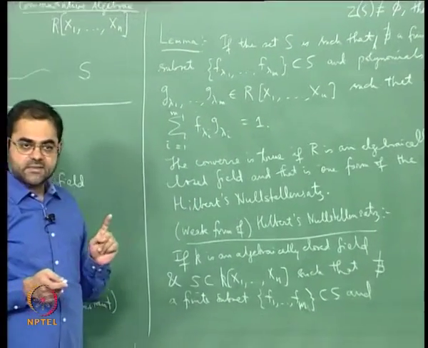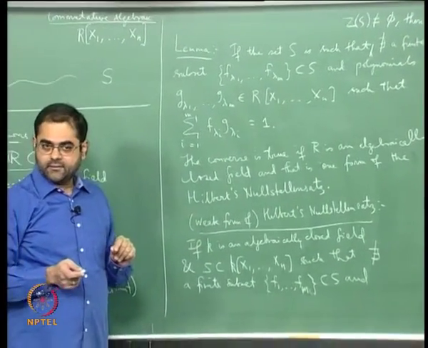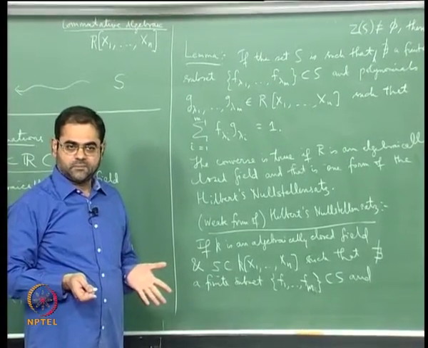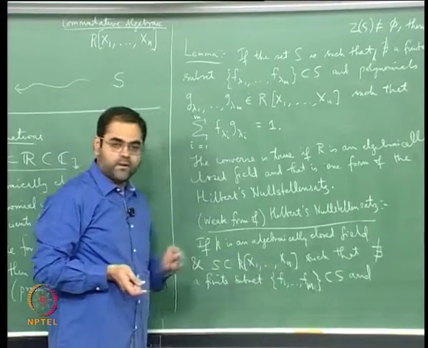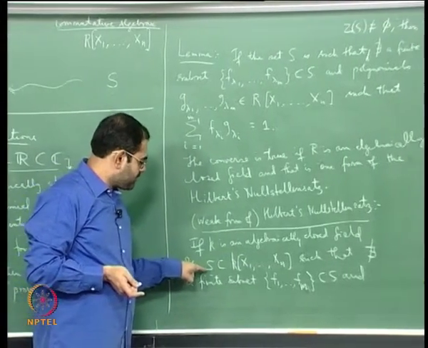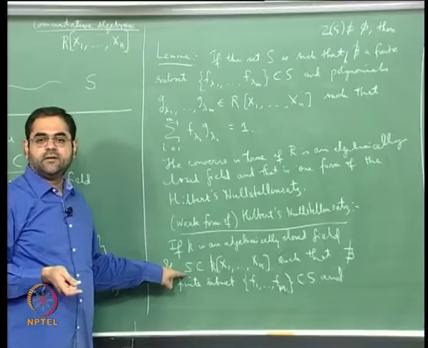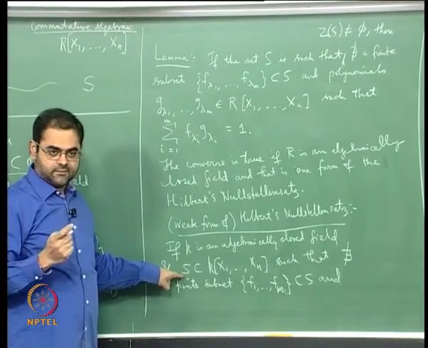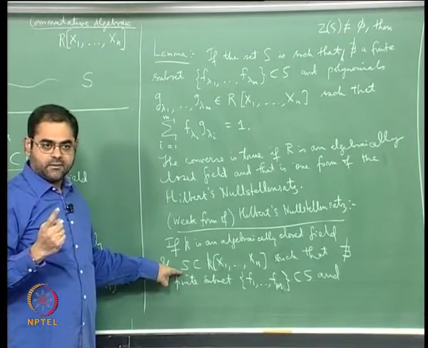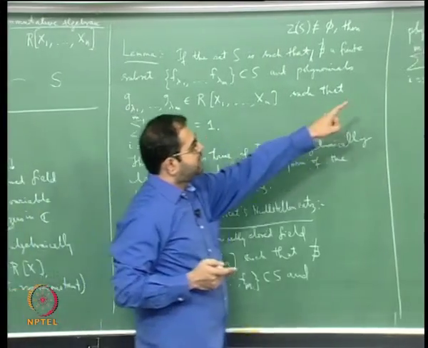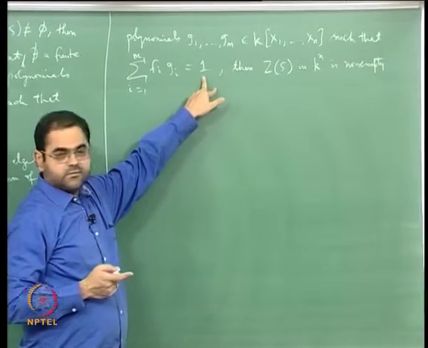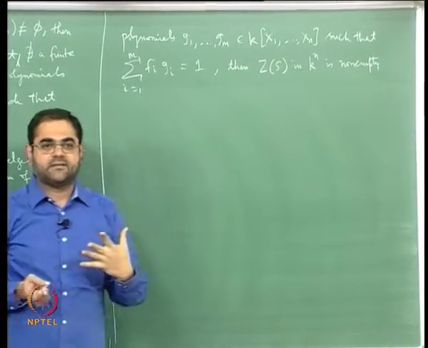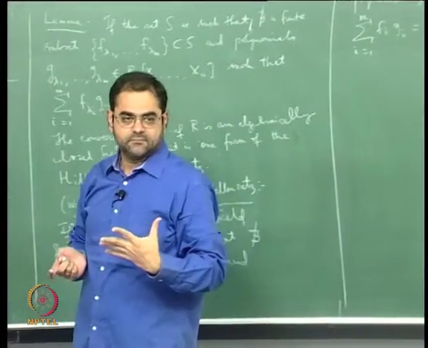When you put n equal to 1 and take the set S to be a singleton consisting of only one polynomial, then the condition becomes that the polynomial multiplied by no other polynomial gives you 1, which is the same as saying that the polynomial is non-constant.